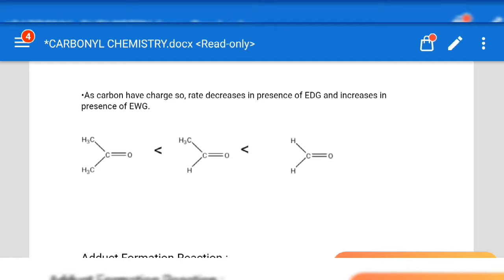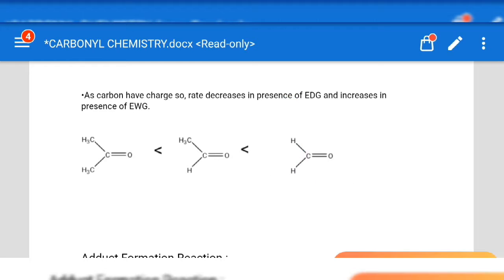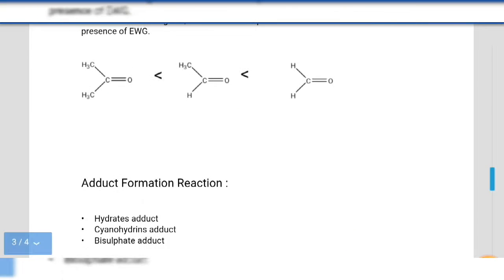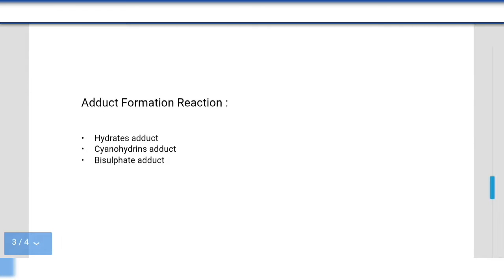In the last compound, two hydrogens are attached to the carbon, so this has the highest rate of reaction. From that order, we can say a keto compound is less reactive than an aldehyde compound.